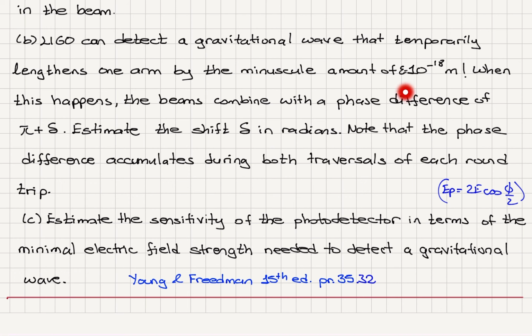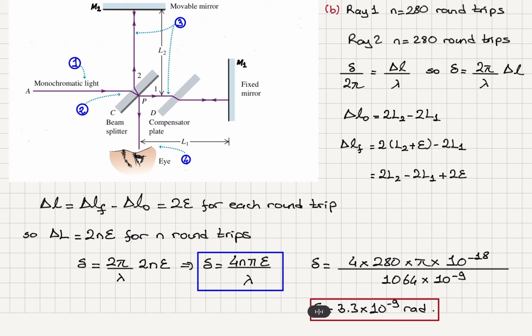So that's basically what we are looking for in this situation. So we have found the total phase difference introduced by the presence of a gravitational wave if it results in a temporary motion of the movable mirror by an amount epsilon.